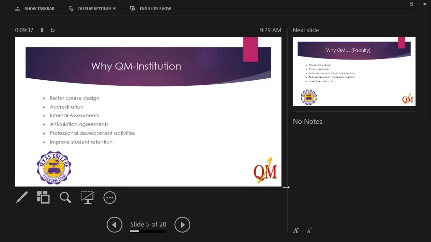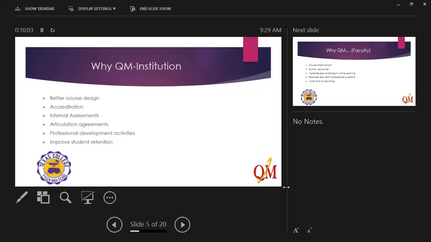They will not even bother coming over because, as we said a while ago, when it comes to best practices in online learning, QM is the gold standard. And so it is advisable and important for institutions to become Quality Matters certified, because it will positively influence their accreditation process.